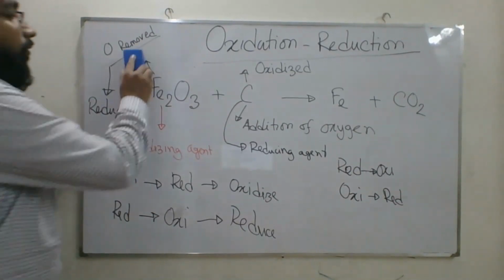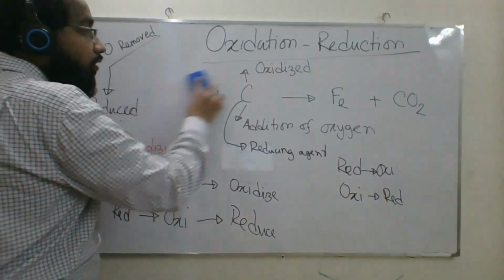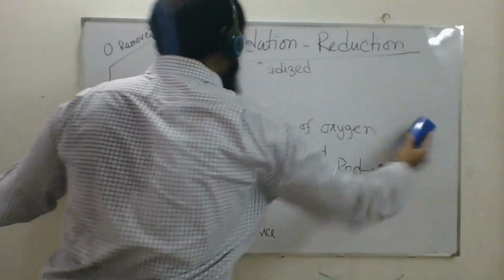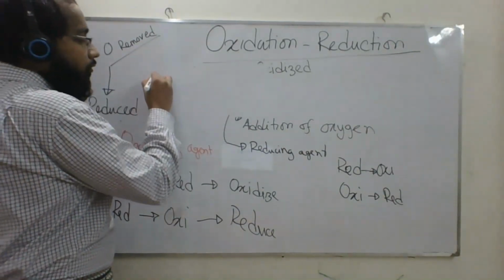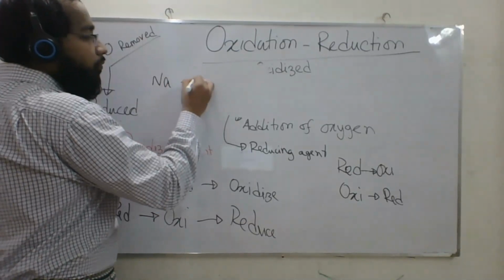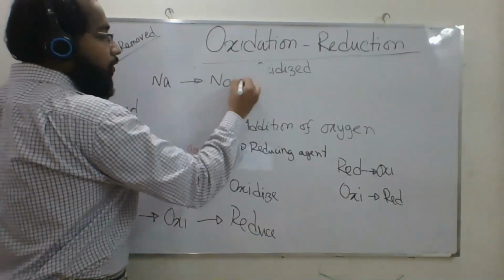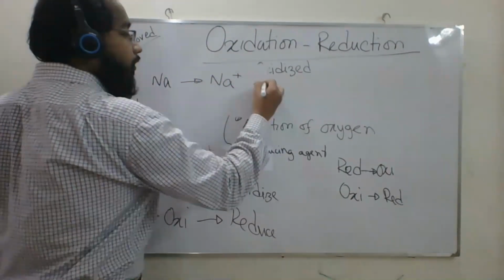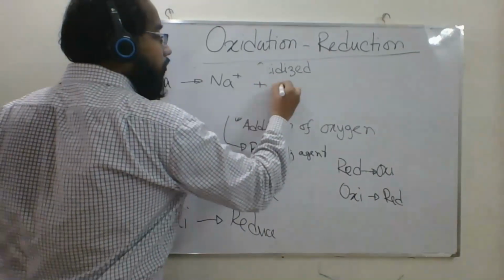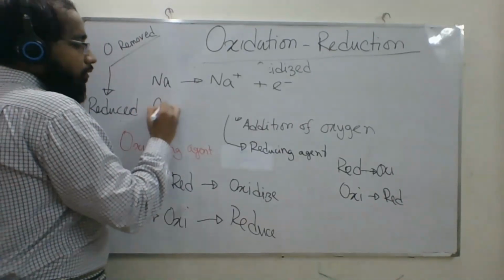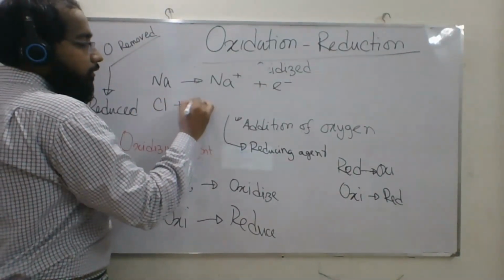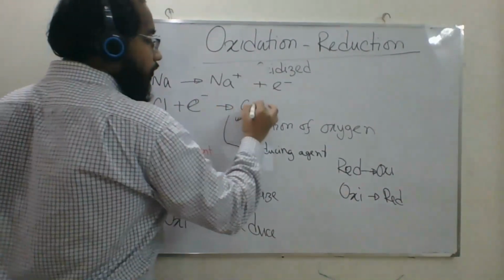Now, if we consider another reaction, like sodium provides one electron and converts to sodium ion, and chlorine accepts this electron and converts to chloride ion.